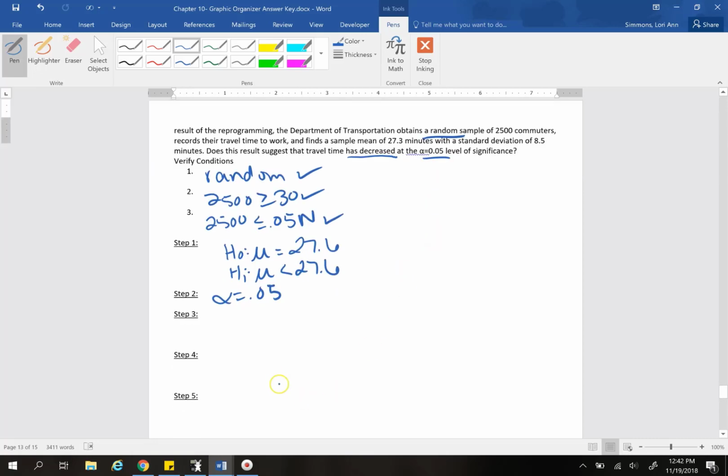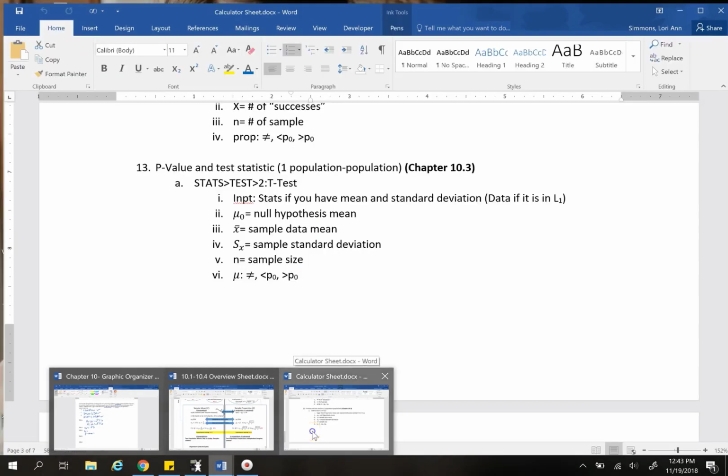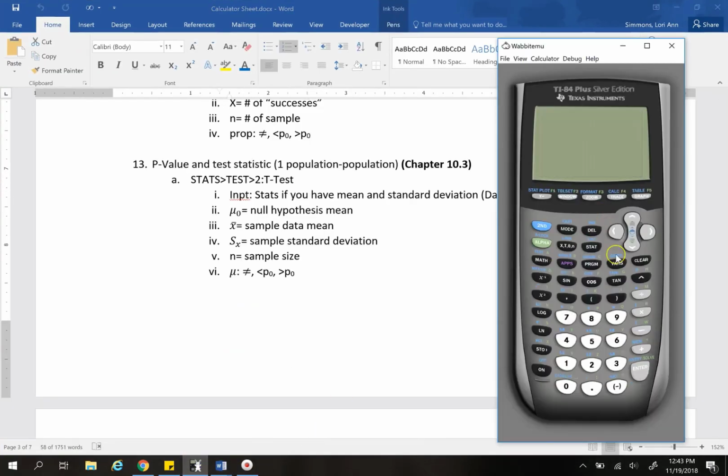Step 3, find the test statistic and the p-value. We're working with stats. Mu sub 0 is 27.6.